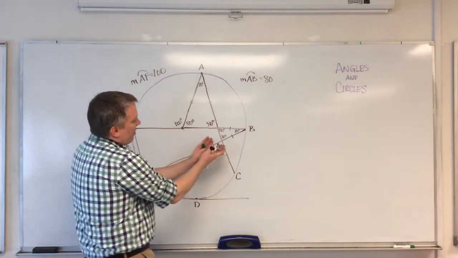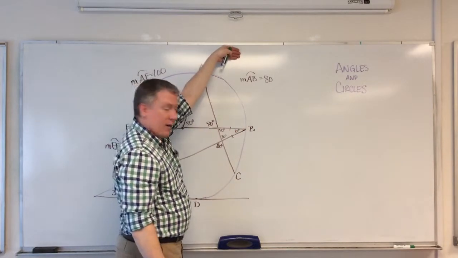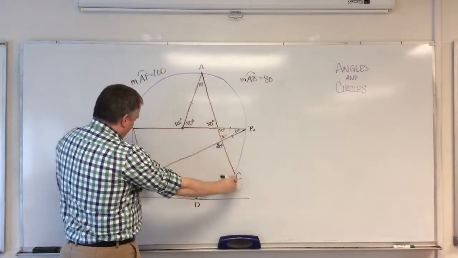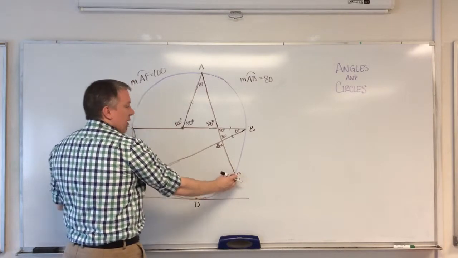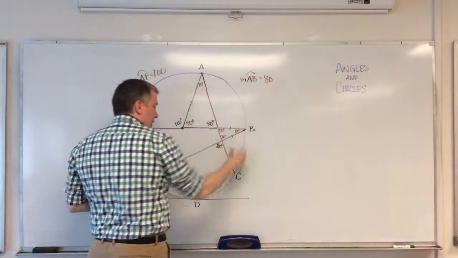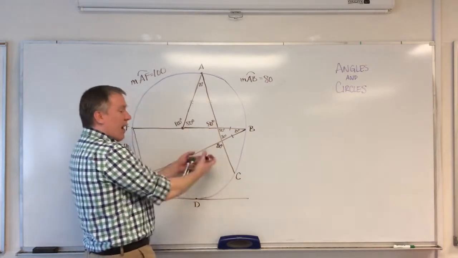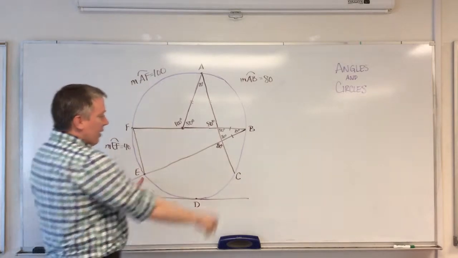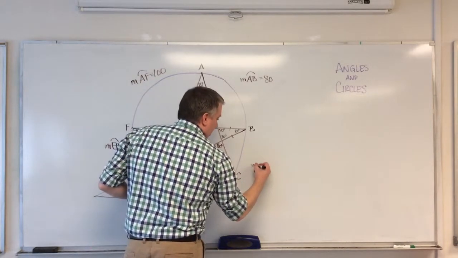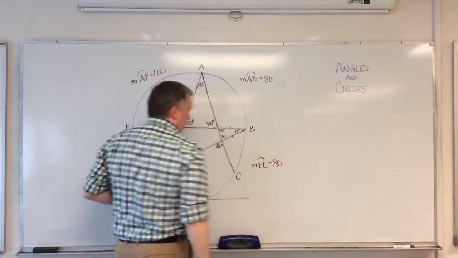Well, what's the top arc? So the top arc here is AB. We already know what that one is. It's 80. And so then the bottom arc right here is from E to C. And we know that the average of this arc and this one has to be 80. Well, if that one's 80, then this one has to be 80 too for the average to be 80. So the measure of arc EC is equal to 80 degrees.